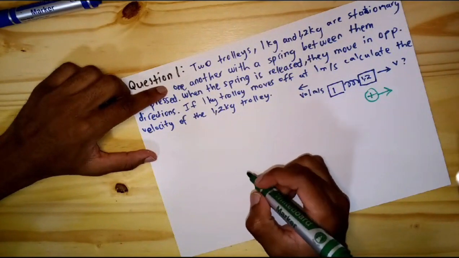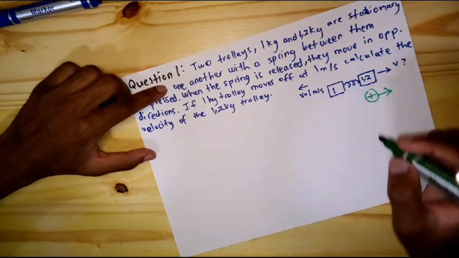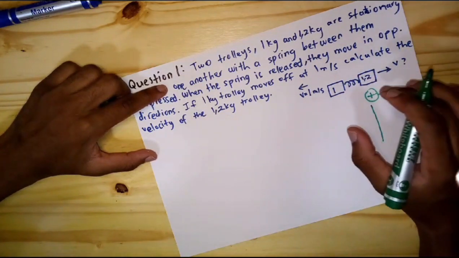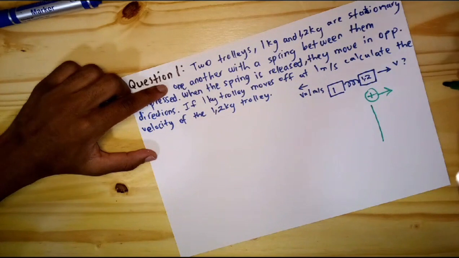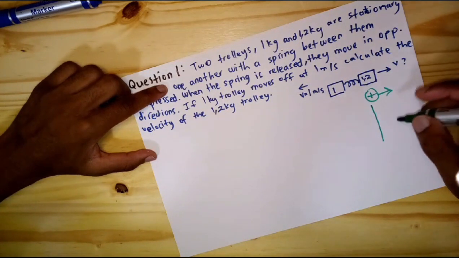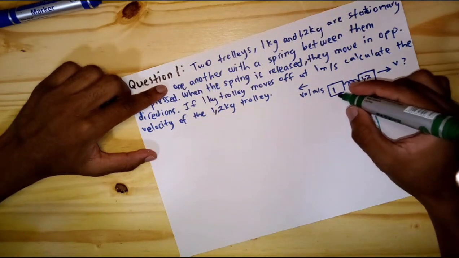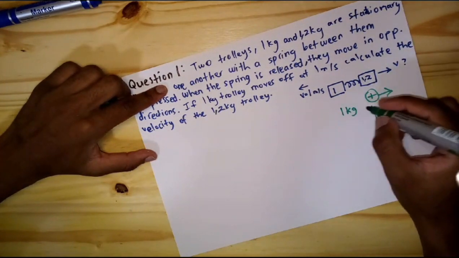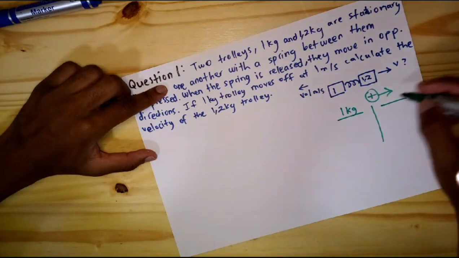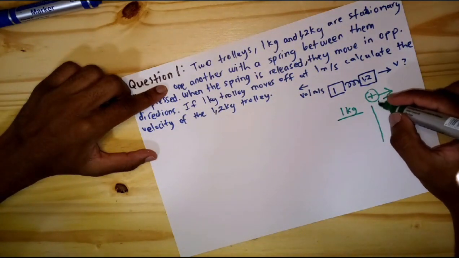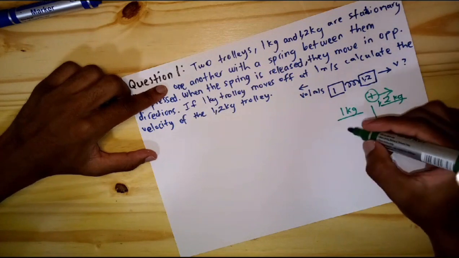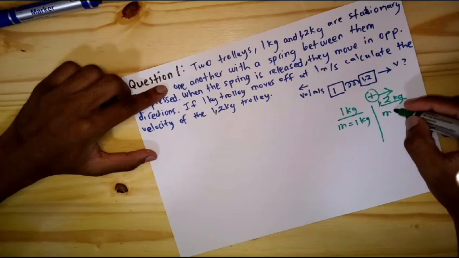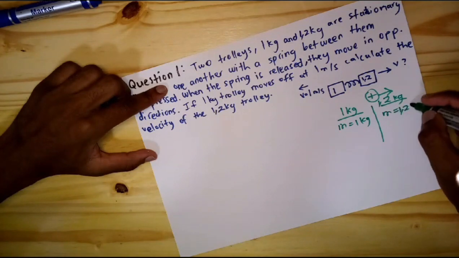Another thing I encourage is that when you write all of this, you might want to categorize the objects inside your system. So first of all, the 1 kg object has a mass of 1 kg, that's given, and the other one has a mass of 1.2 kg.